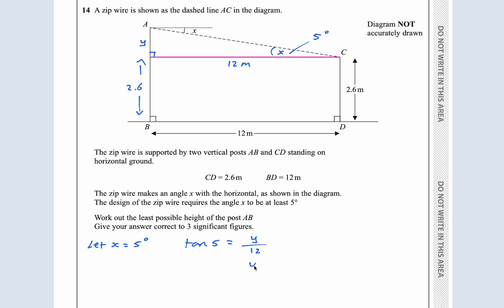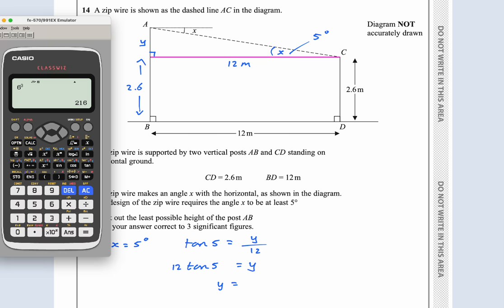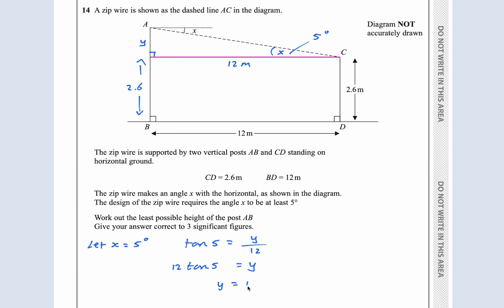Multiply across by the 12, y is equal to 12 tan 5. On the calculator, 12 times tan of 5 degrees is 1.04986.